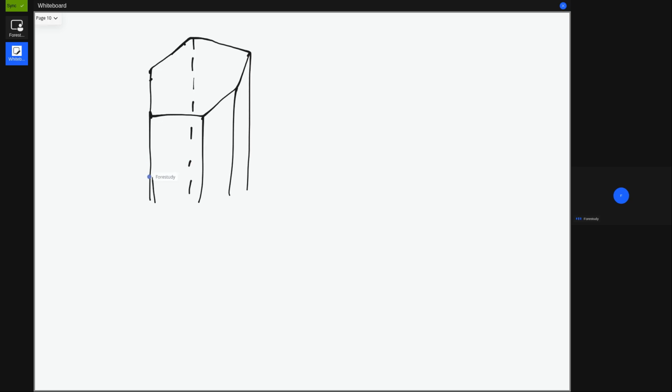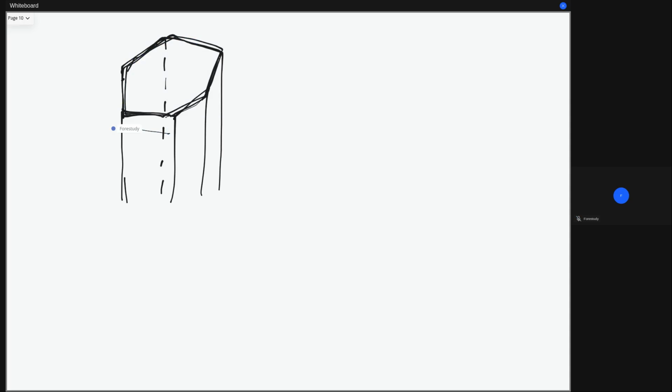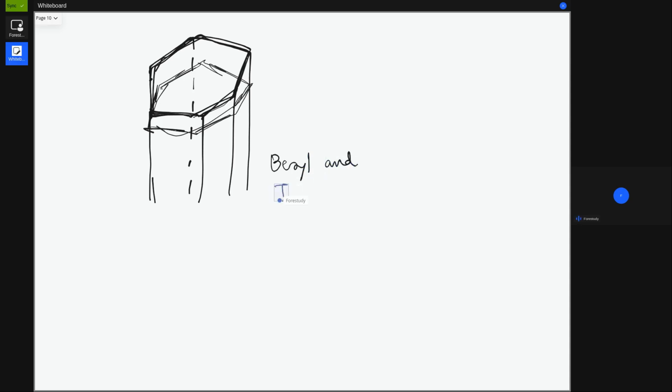So this structure is the beryl structure and tourmaline structure; you can find it on the internet and you will be able to understand.